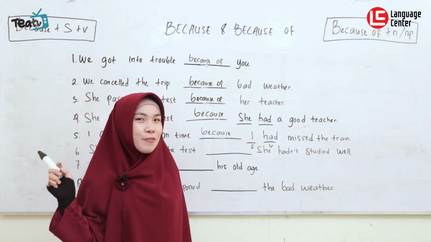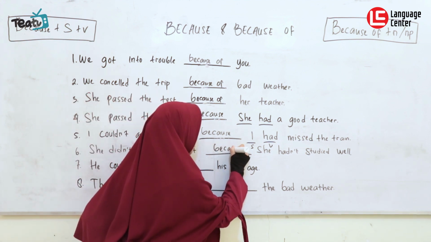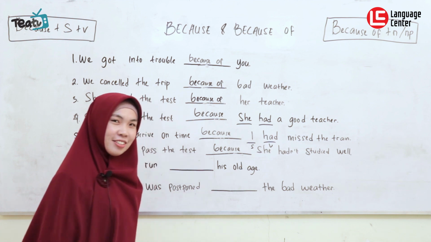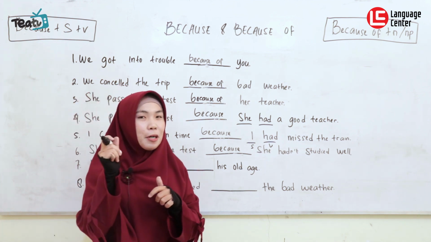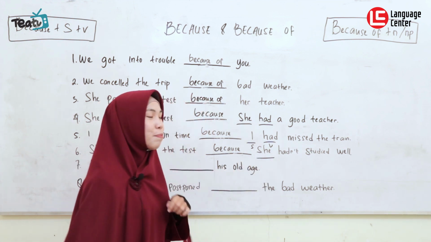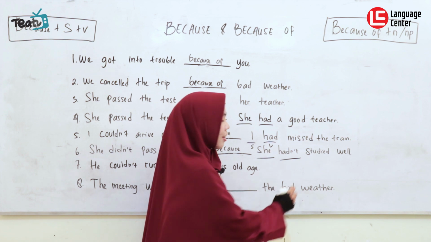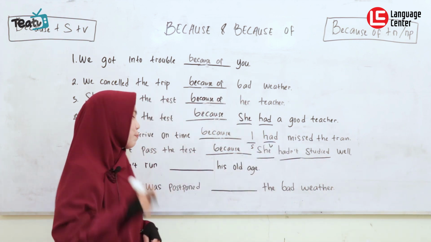Of course, the answer will be because. It's very simple, right? Just remember, because will be followed by a subject and also a verb, where in this case the subject is she and the verb is had not studied. You are doing a good job.